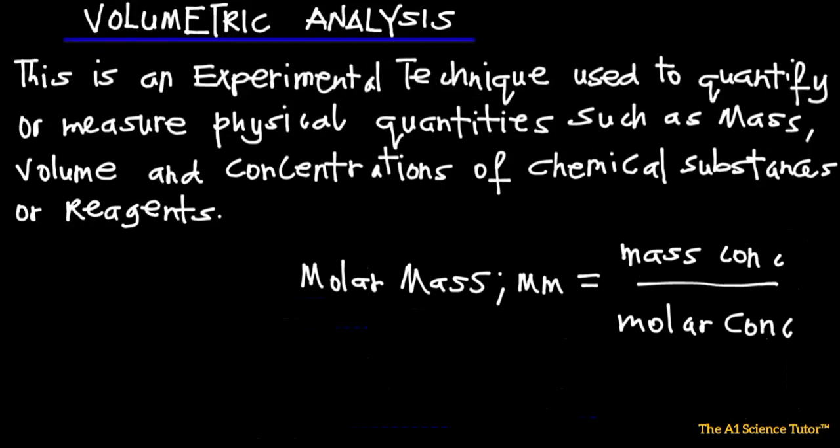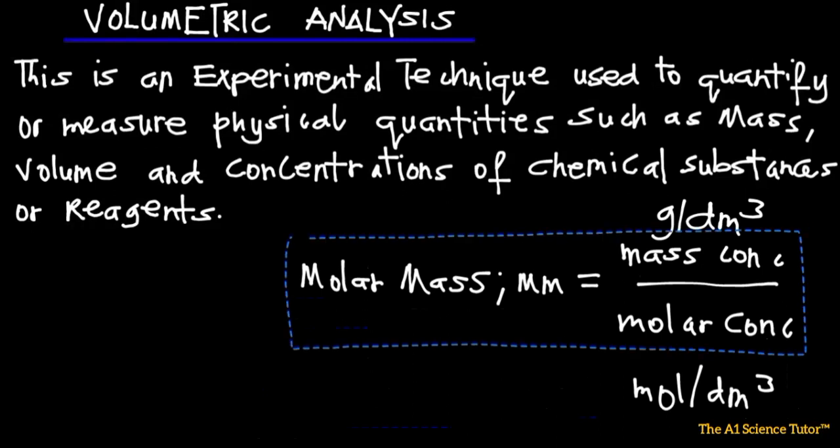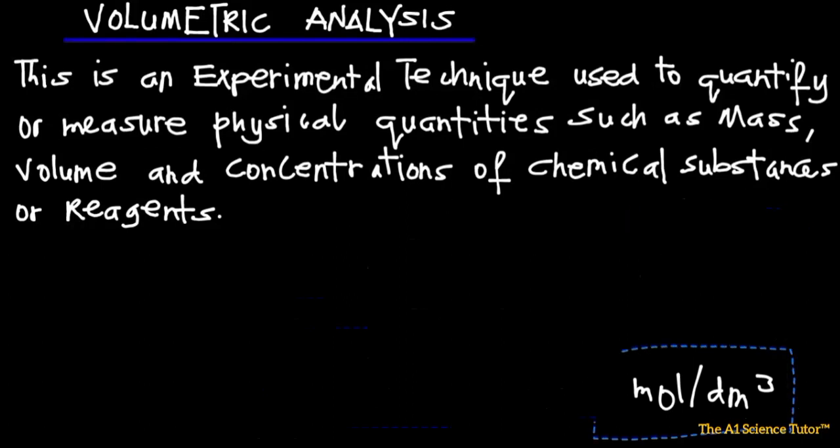You can also find why the unit for molar mass is gram per mole from here. The unit for mass concentration is gram per dm cube, and the unit for molar concentration is mole per dm cube. Depending on the calculation you're given, you would have some of these things popping up. For now, let's let it lie. We're going to come back to it later on.